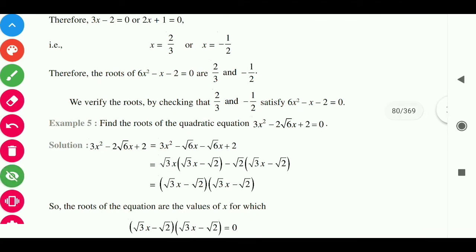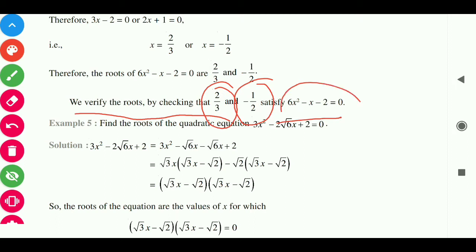We will verify the roots by just substituting the values of both the roots individually in place of x, and if the equation is equated to 0, then we can verify that the values which we obtain for x are satisfied.